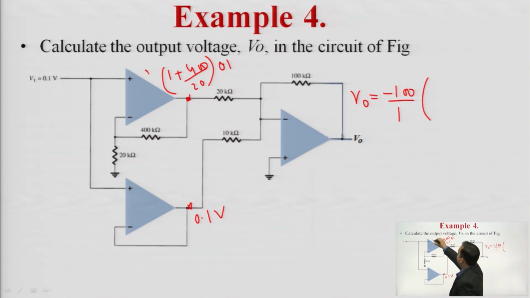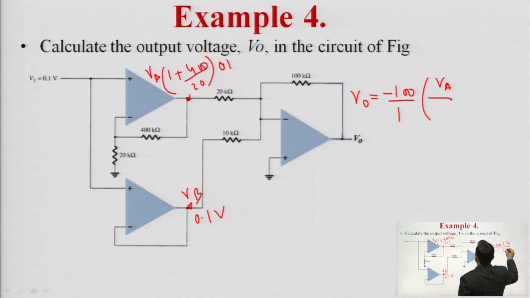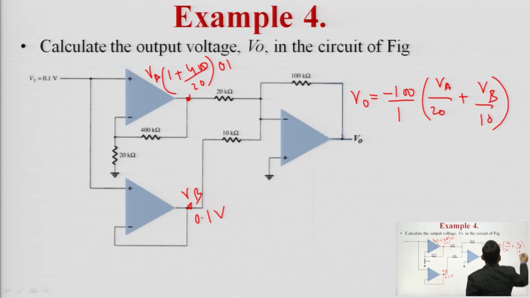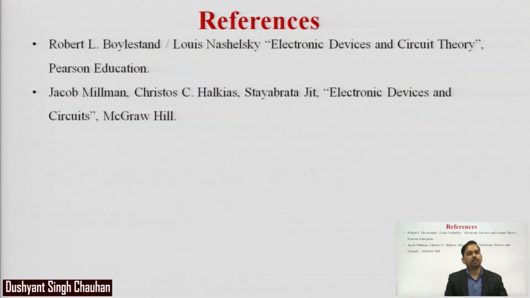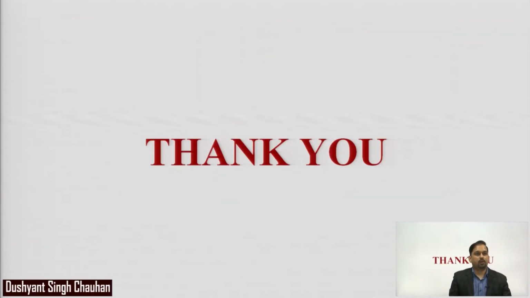This is, let's say, VA, and this is VB. So we have VA by 20 plus VB by 10. We can solve this quite easily. So these are some numericals based on op-amp. These are the references. Thank you.